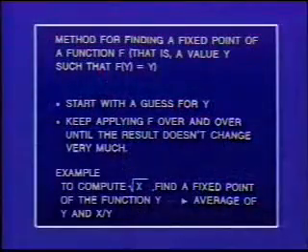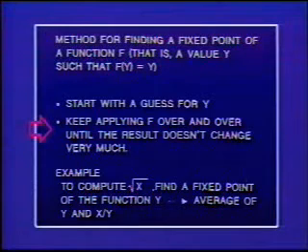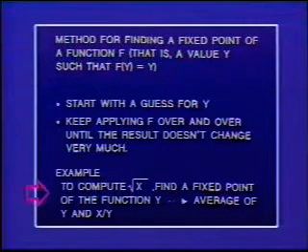And the way I might do that is start with a guess, and then if I want something that doesn't change when I keep applying f, I'll keep applying f over and over until that result doesn't change very much. Right, so there's a general strategy. And then, for example, to compute the square root of x, I can try and find a fixed point of the function which takes y to the average of y and x over y.